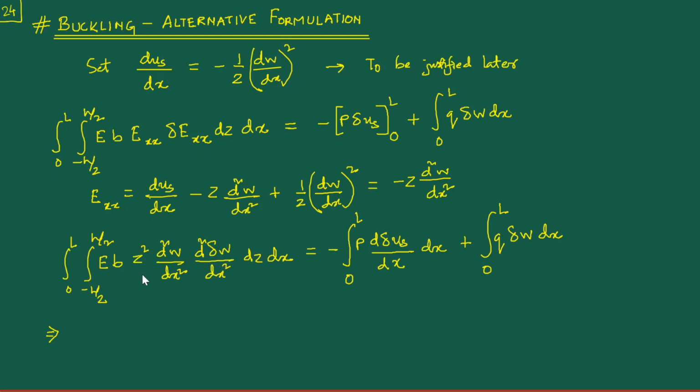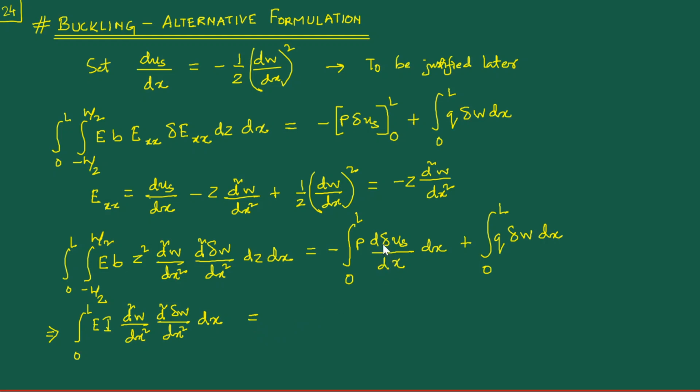So b together with that integration with respect to z is just the second moment of area. So what I'll obtain here is this ei d squared w dx squared and d squared delta w dx squared dx.